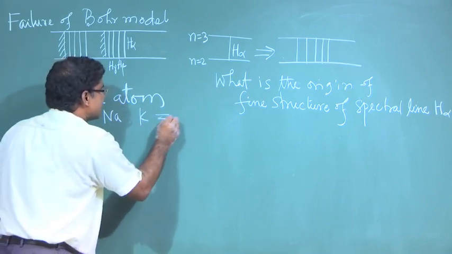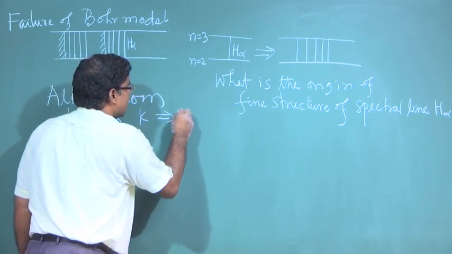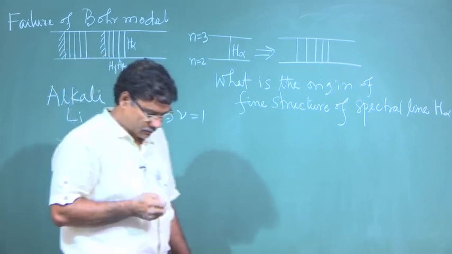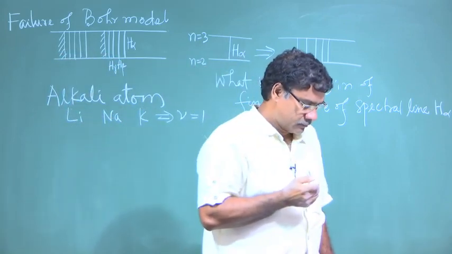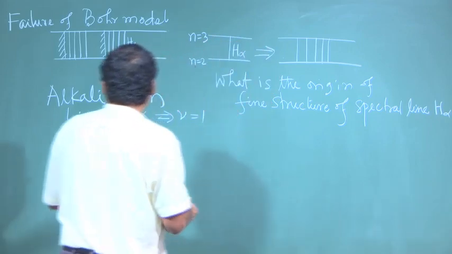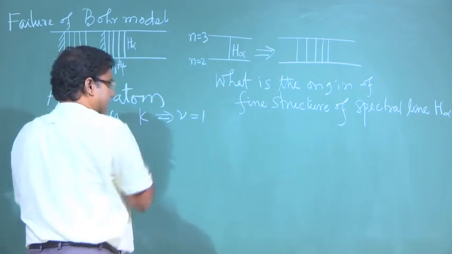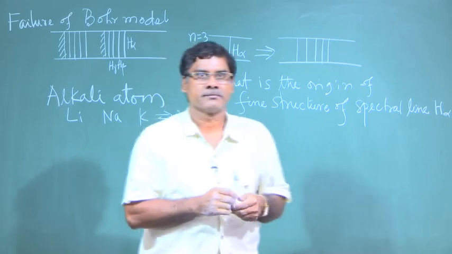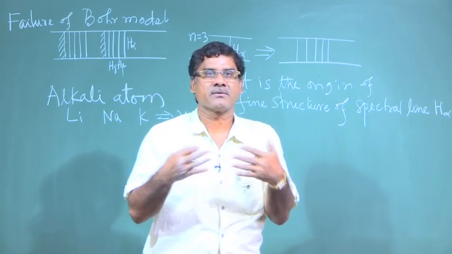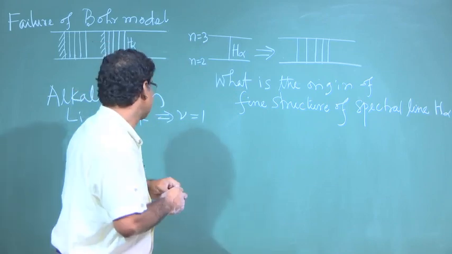Their valency is 1. Hydrogen atom also has valency 1. So, the spectra of alkali atoms are quite similar to the hydrogen spectra.